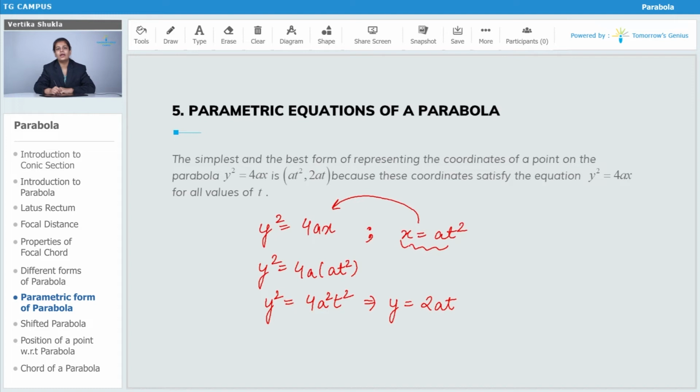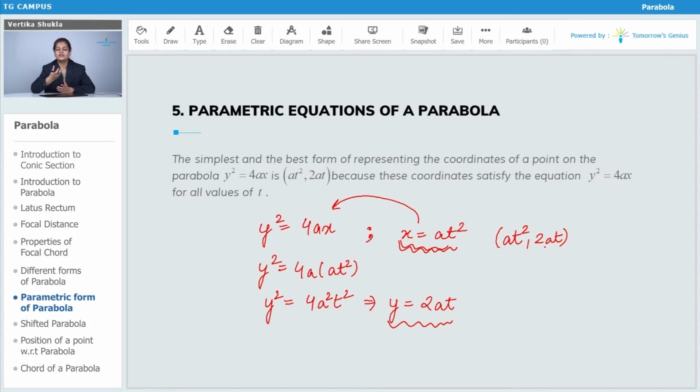Correct? So when the value of x is taken as at square, the value of y is coming out as 2at. So in the case of y square is equal to 4ax, you can take the parametric coordinates as at square, 2at. Parametric coordinates are at square, 2at means that any point on the parabola will be represented as at square, 2at.